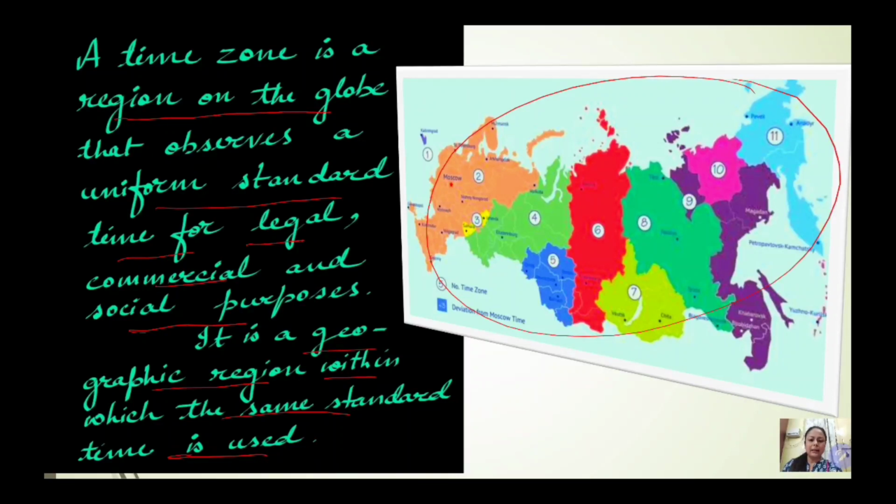If we see zone number 8, here one single time is followed. This is zone number 7, where the time is different and they follow their own time. So like this, a time zone is a region on the globe that observes uniform standard time for legal, commercial and social purposes. So this is the concept of time zone.